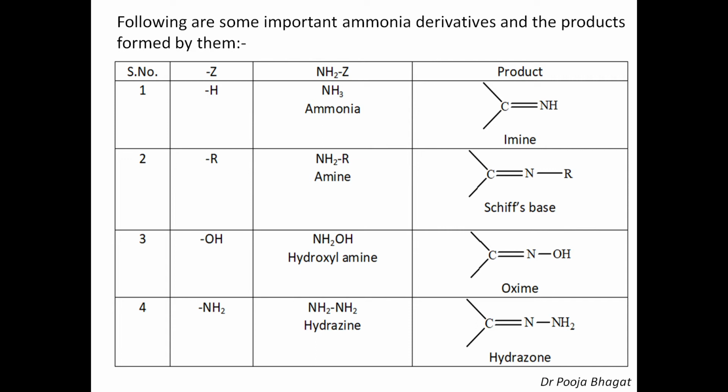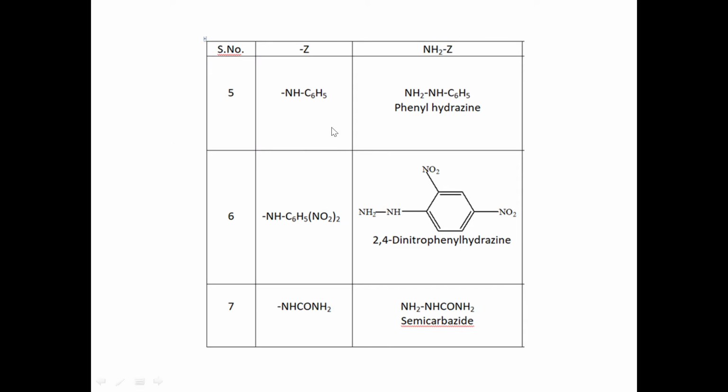Now moving to the next table. Here, if this Z is NHC6H5, this is a phenyl ring, what will you get? NH2 and this NH2 from here, and the Z is NHC6H5. Now, if instead of phenyl it is H, that is NH2, then it is hydrazine.